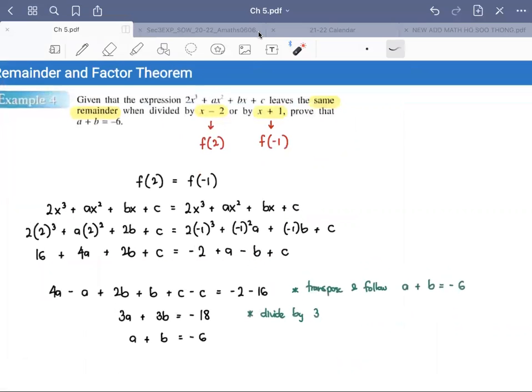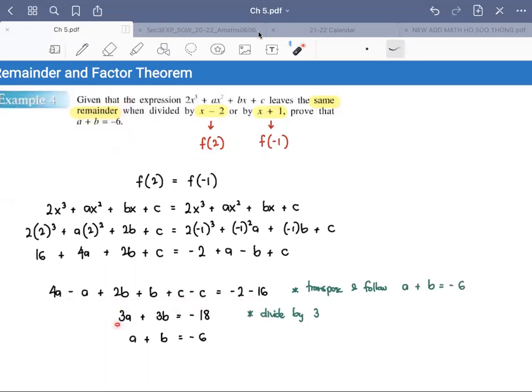What I'm going to do here is transpose all variables on the left side and all constants to the other side. Basically, a, b, c on the left and numbers on the other side, because this is the format that you want to see. You need to prove that a plus b is equal to negative 6, so this is what we're going for. Once you're done transposing all variables and constants to the correct sides, you simplify this.